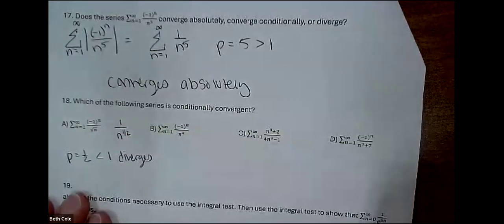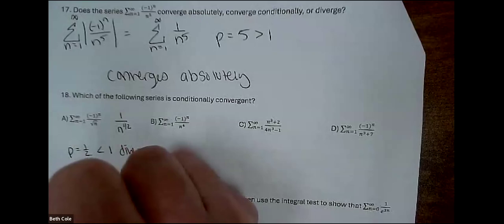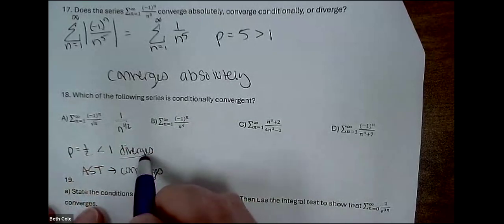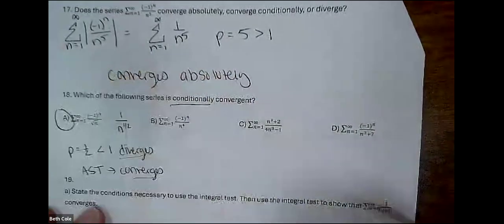P is 1/2, which is smaller than 1, so that diverges. The absolute value diverges. So if you look at the series itself, if you did an alternating series test, it would converge with your alternating series test. So since the absolute value diverges, but the series itself converges, this is the one that is conditionally convergent.